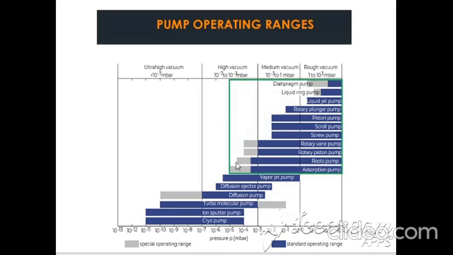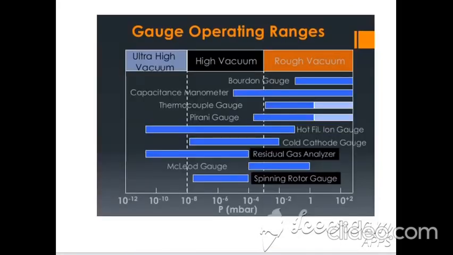You can observe and match which type of pumps are used for which level. The next step, after production of vacuum, is how we will measure that level of vacuum. In this diagram all the devices are available for different levels of vacuum. You can observe which type of device is used for what type of vacuum level.